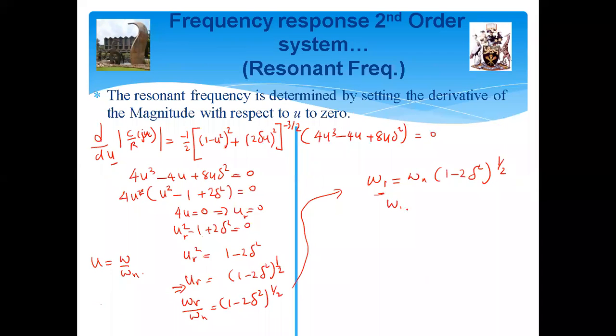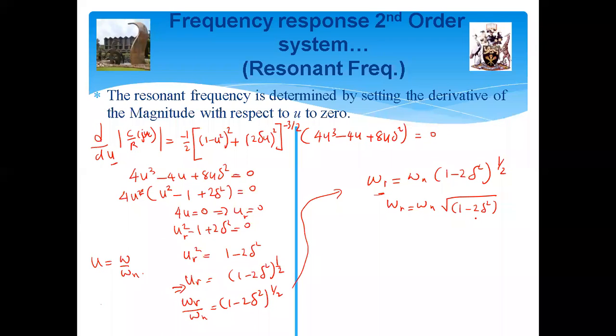Since this is a square root, if our damping ratio delta is greater than 1, then this frequency will be imaginary, right?